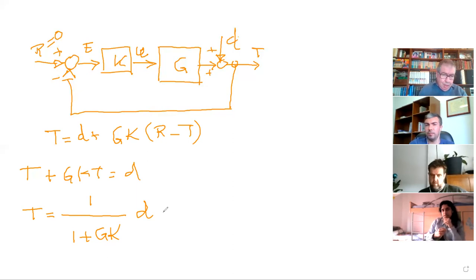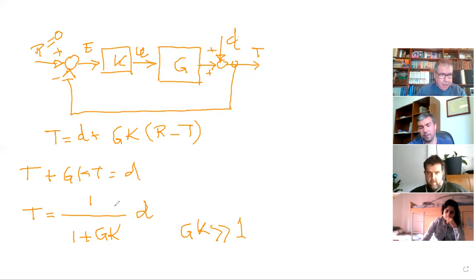Much bigger, such that GK is much bigger than 1. Okay, so GK must be much bigger than 1. In that case, if GK is bigger, then 1 over a bigger thing is T small.